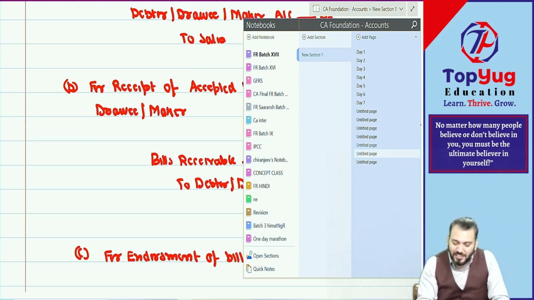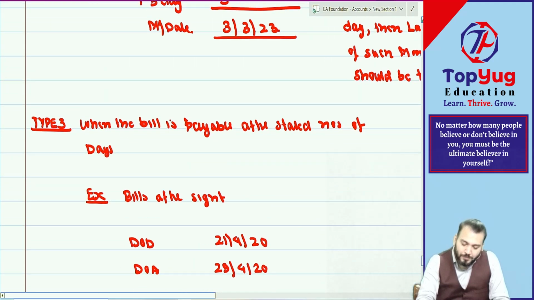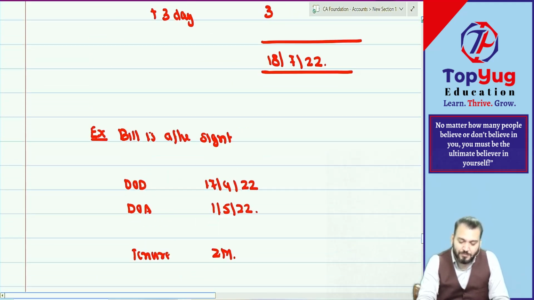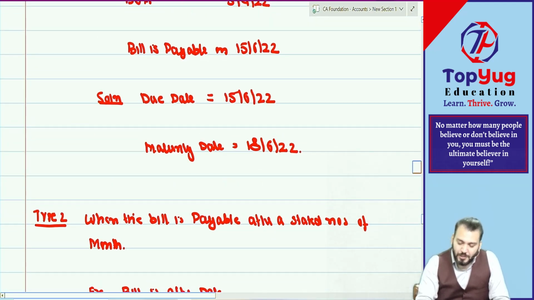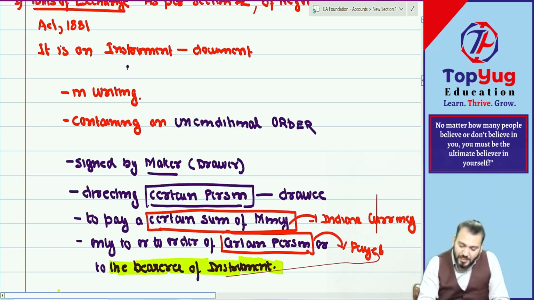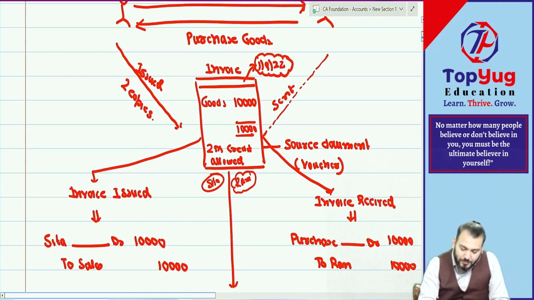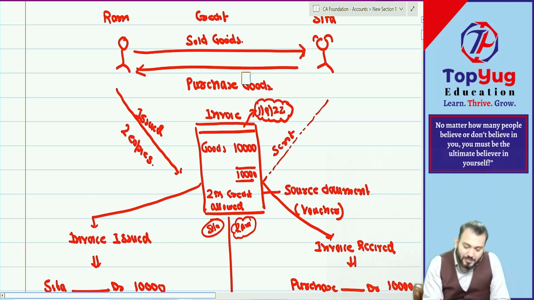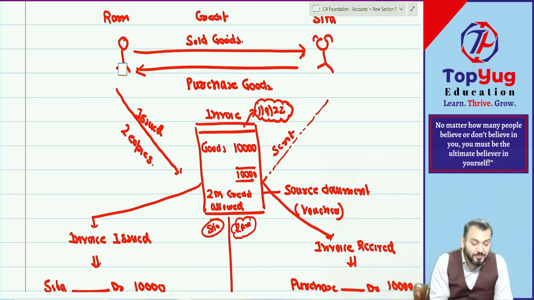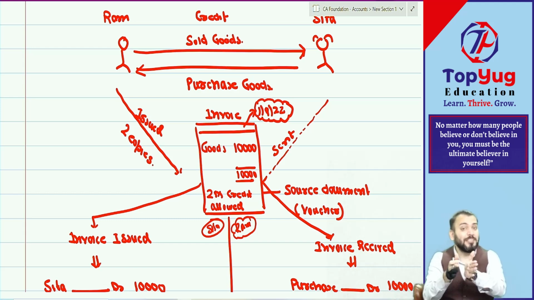Understood? If you remember the first explanation of this chapter in the last class, we started with the definition and I told this story. I said Ram, Sita. Ram has sold goods and Sita has purchased goods. First this transaction should be there, some trade transaction between Ram and Sita.